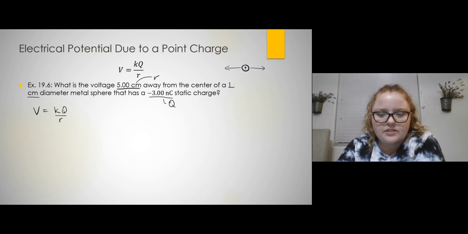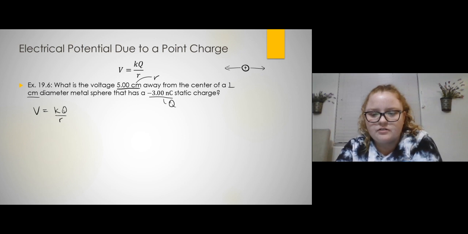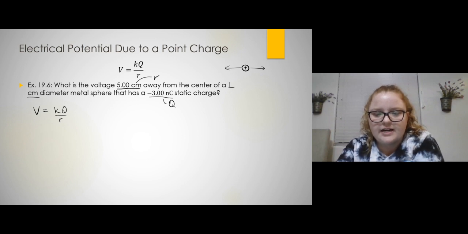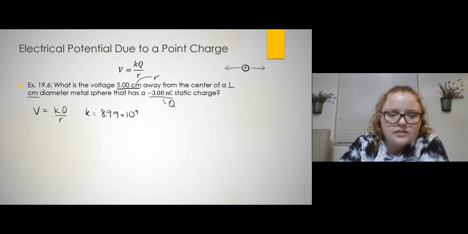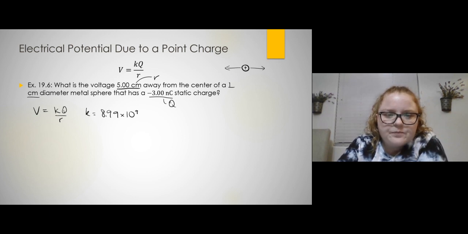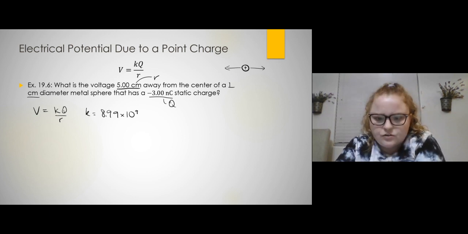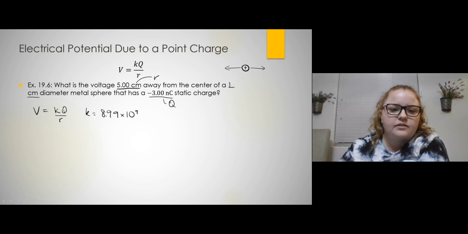This is the k that we looked at last chapter, but I don't remember it off the top of my head. It's 8.99 times 10 to the 9th Newton meters squared over Coulomb squared.